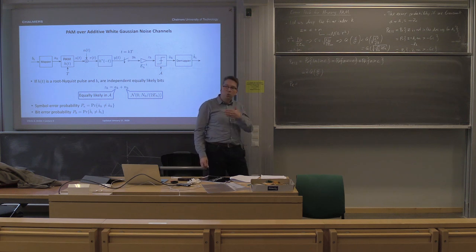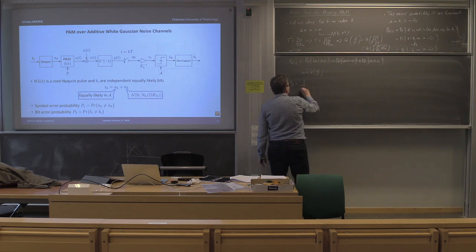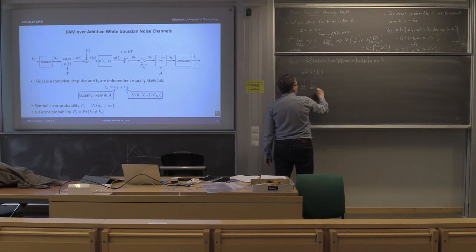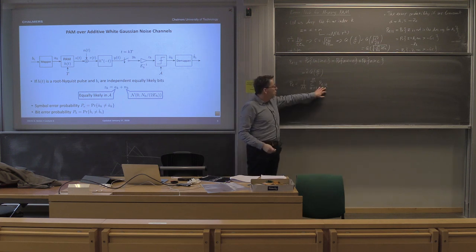To get the average, we average over these points. All points are transmitted with the same probability. So the total error is 1 over M, the sum from k equals 1 to M of P_e bar k. This is the error probability if we transmit the kth signaling point.